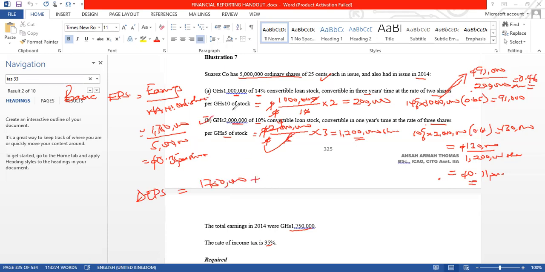And if B is the one that is going to more dilute our shares, the earnings for that one was what? 130. The post-tax earnings was 130. Your number of ordinary shares that was there before was 5 million. The new number of ordinary shares was 1.2.